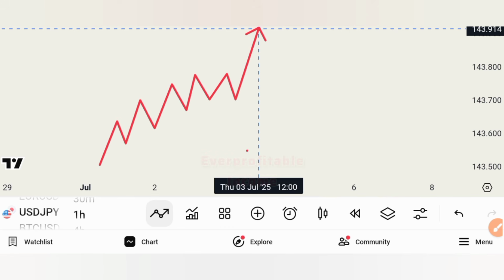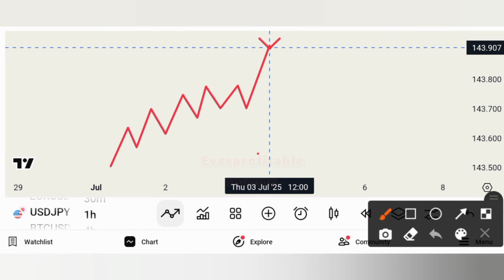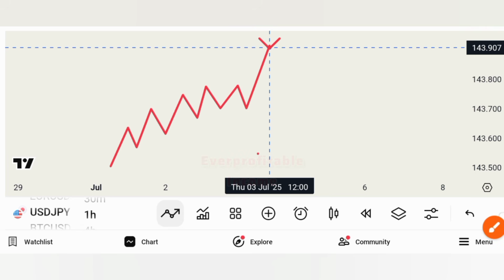When it gets up, a lot of breakout traders that use the breakout system might think that price has broken out from the zone, and they are going to come over here and place the entry, place the stop loss over there, and before you know it, price is going to come crashing down.